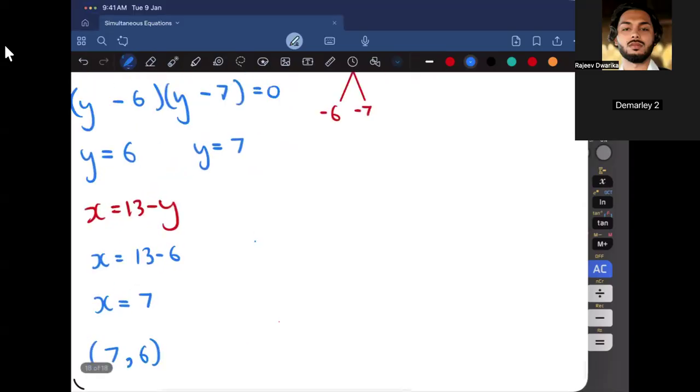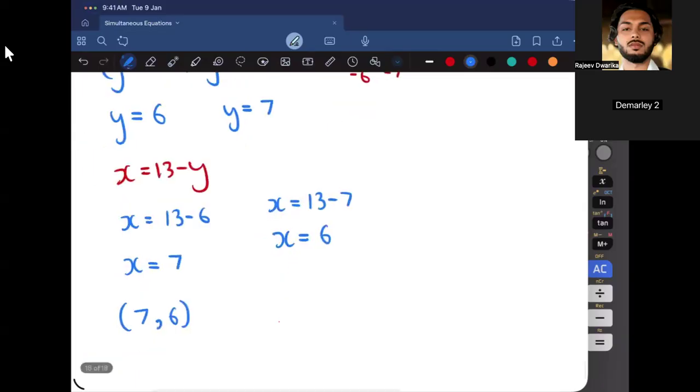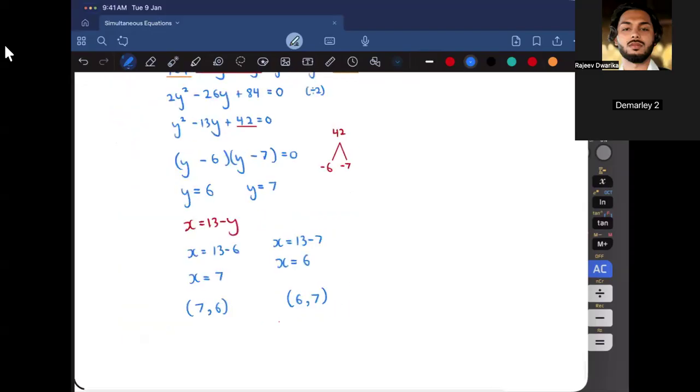And when y is 7, x is going to be equal to 13 minus 7, and so x is going to be equal to 6. So my point here is going to be 6, 7.